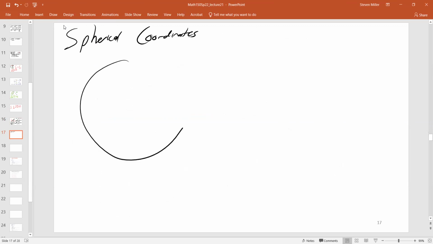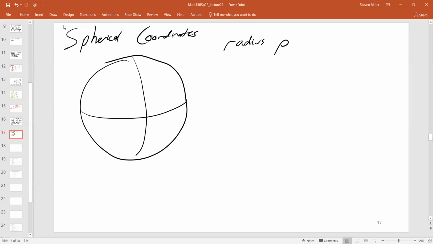So for spherical coordinates, we have a sphere like this, and we have the radius rho. Then we have, so this is x, this is y, this is z. We have the angle coming down from the z-axis. And in a math department, that is phi.